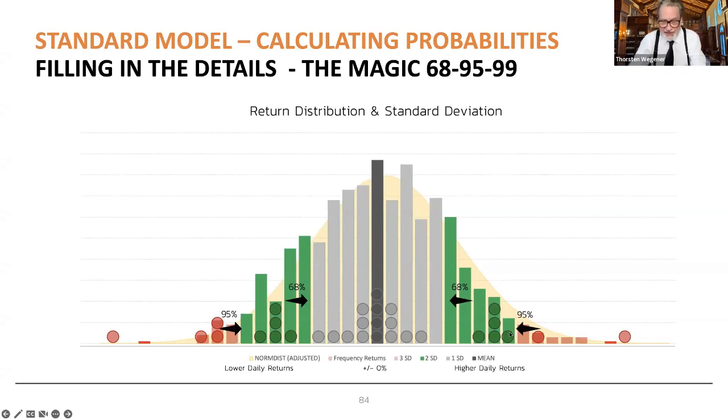That's 2 standard deviations. You simply take the 1 standard deviation multiplied by 2, or 3 standard deviations, already 99%. 99% of all things that could possibly happen in the future will be in this corridor, and only 1% will be outside. So 0.5% to the upside and 0.5% to the downside.